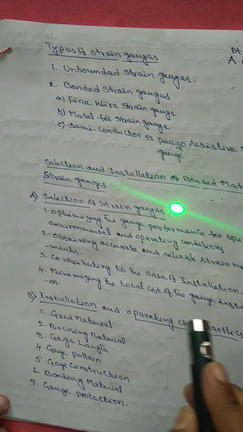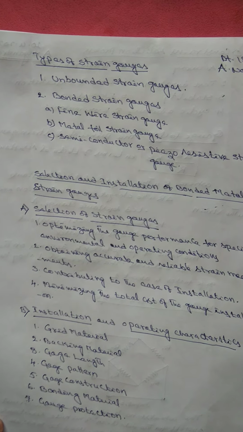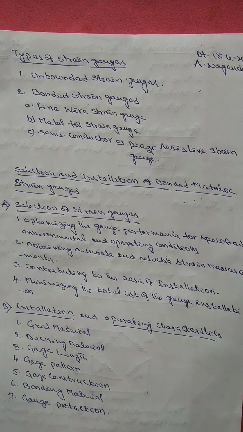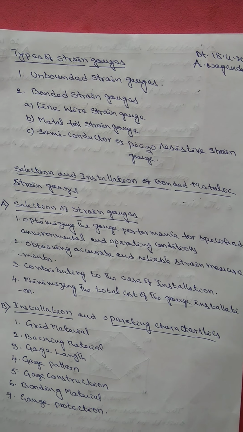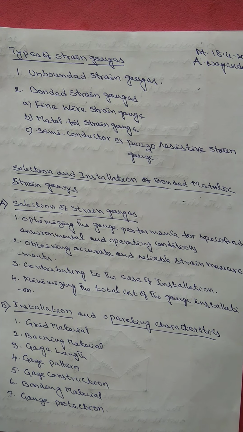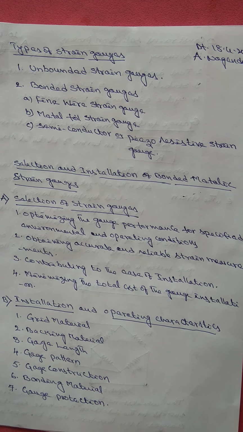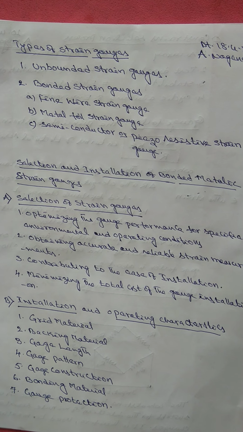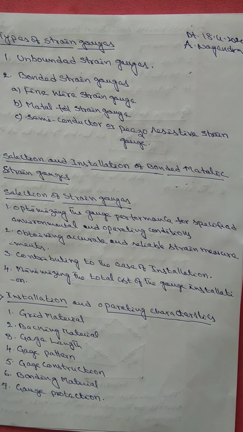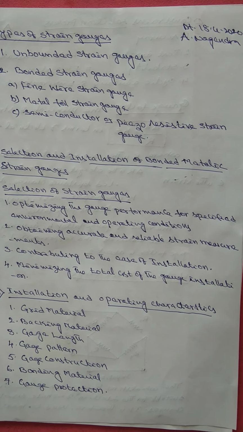Here again, how is the strain gauge to be selected for the measurement of strain? Now we will see the selection points. First one is optimizing the gauge performance for specified environmental and operating conditions. Second, obtaining accurate and reliable strain measurements. Third, contributing to ease of installation. Fourth, minimizing the total cost of gauge installation.